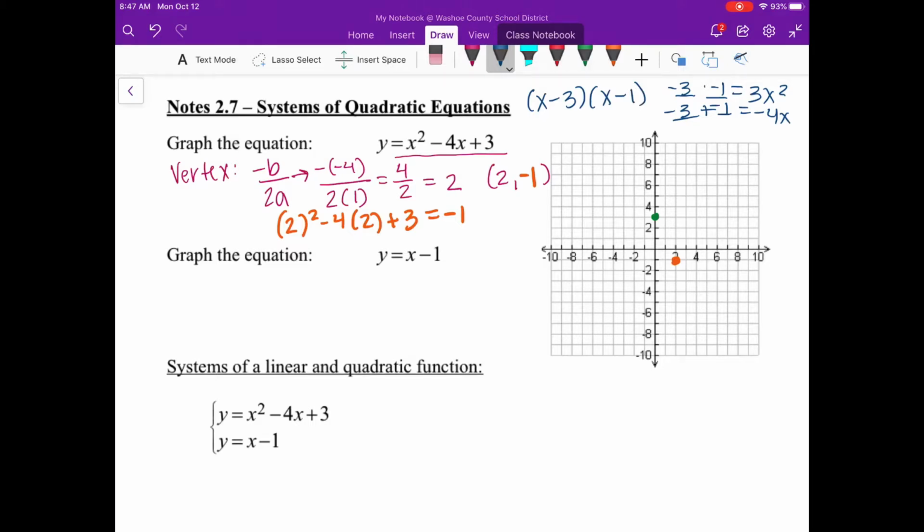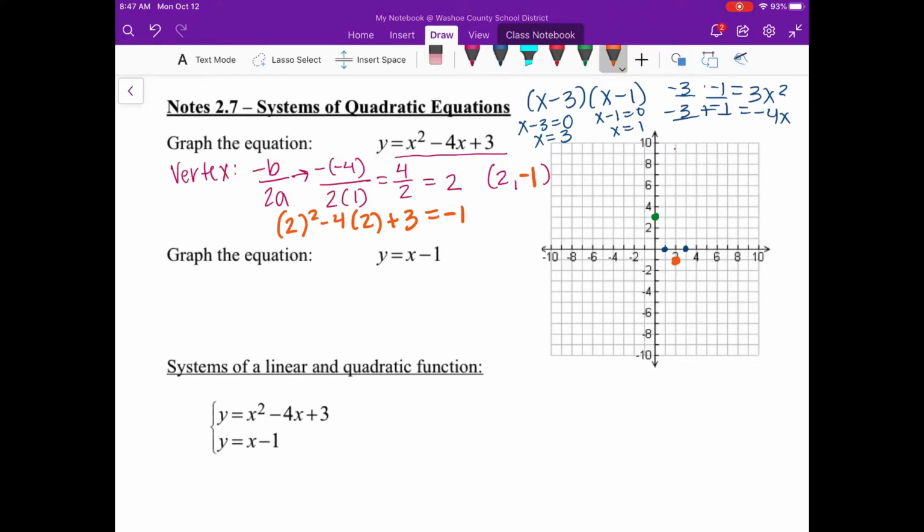And to get those x-intercepts, I'm going to take each of those factors and set it equal to 0. So x minus 3 equals 0. That means x equals positive 3. I can graph that right there. And x minus 1 equals 0, which means x equals positive 1. And I graph it right there.